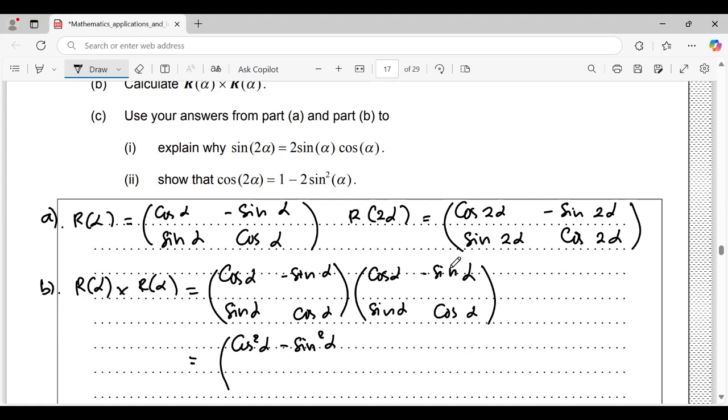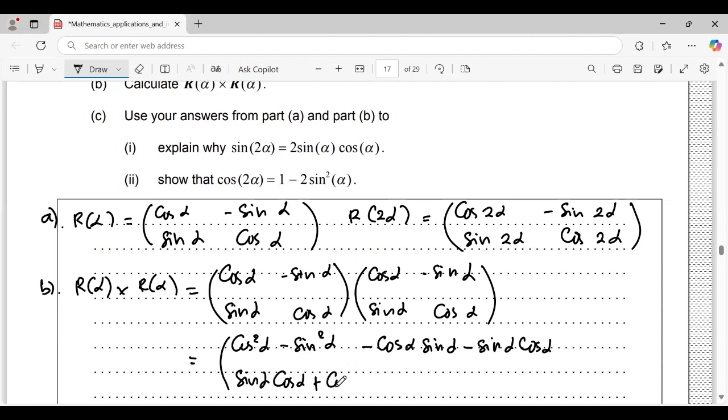Then cosine alpha times minus sine alpha gives minus cosine alpha sine alpha, and then minus sine alpha cosine alpha, so minus sine alpha cosine alpha in total.